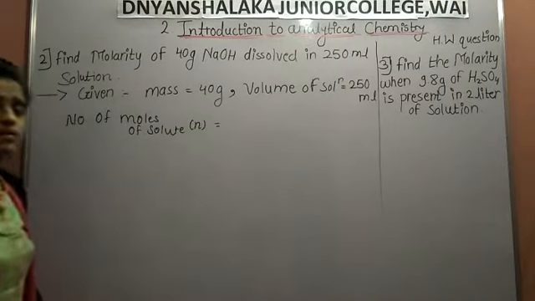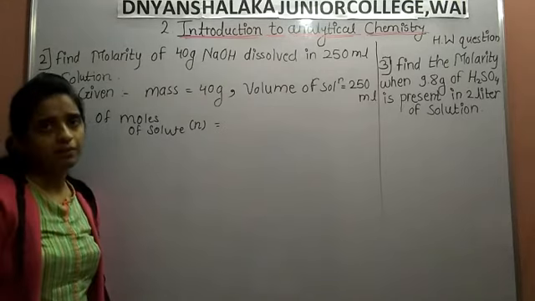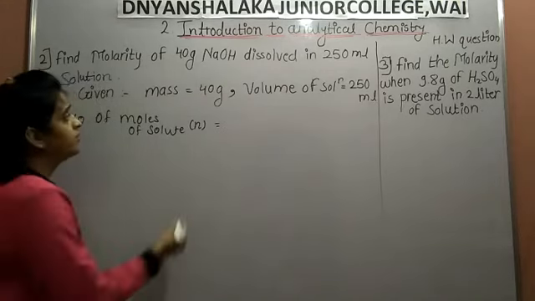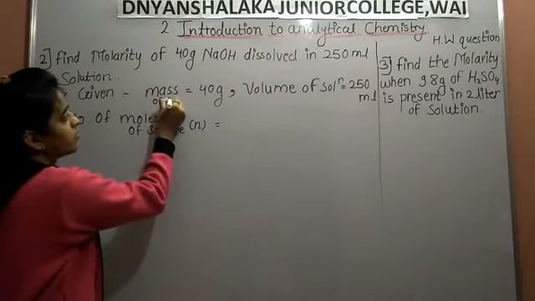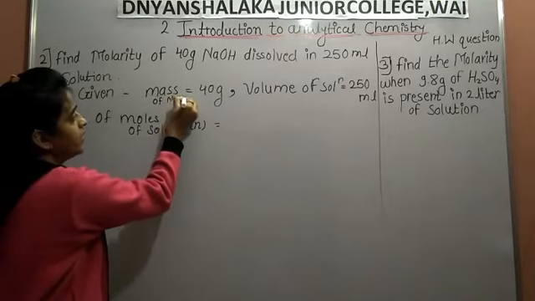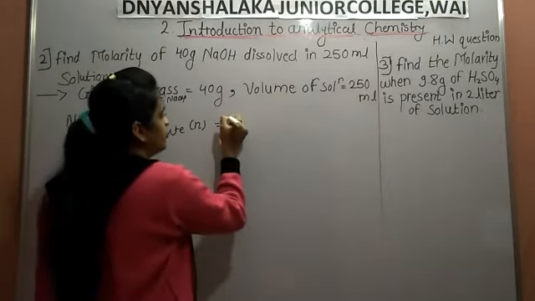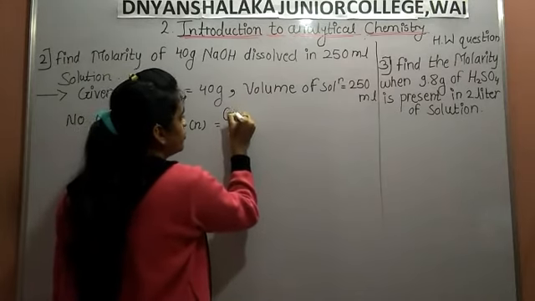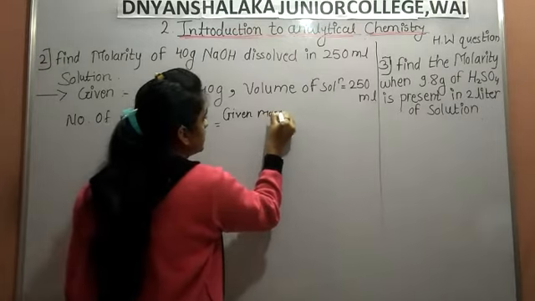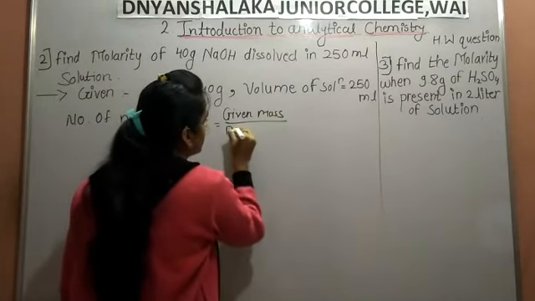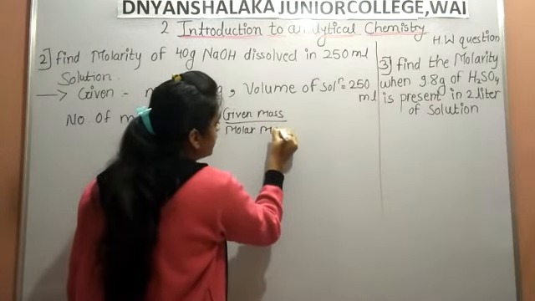First we write the given values: volume of solution is equal to 250 ml, and mass of NaOH is 40 gram. The formula: number of moles of solute is equal to given mass of substance upon molar mass of substance.